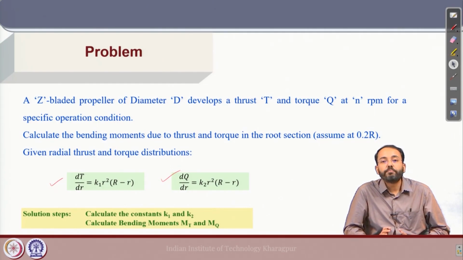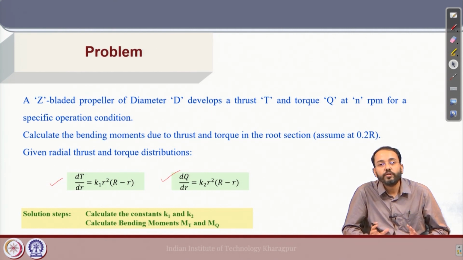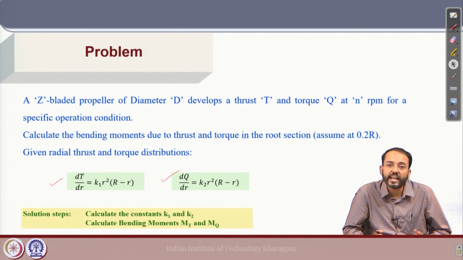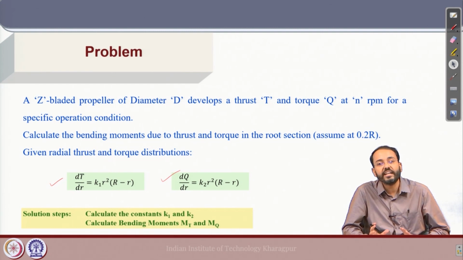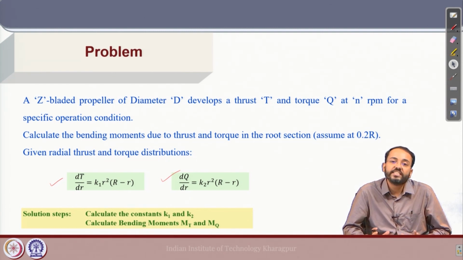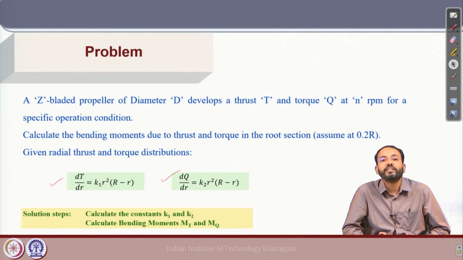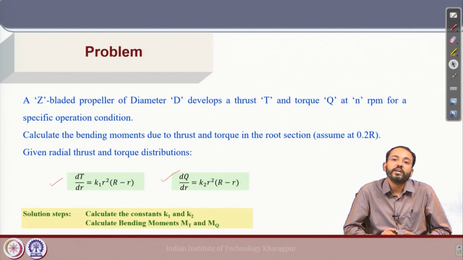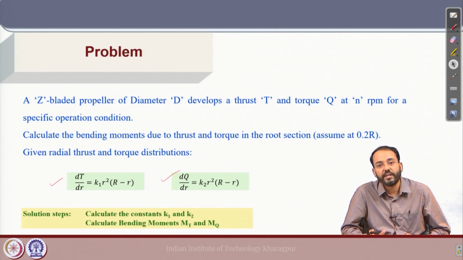So, this particular problem can be solved in two steps. The first step is to calculate the constants K1 and K2, and we will use these constants in the equation for the bending moments to calculate the bending moment due to thrust MT and due to torque MQ at the root section due to the thrust and torque of the propeller blade.